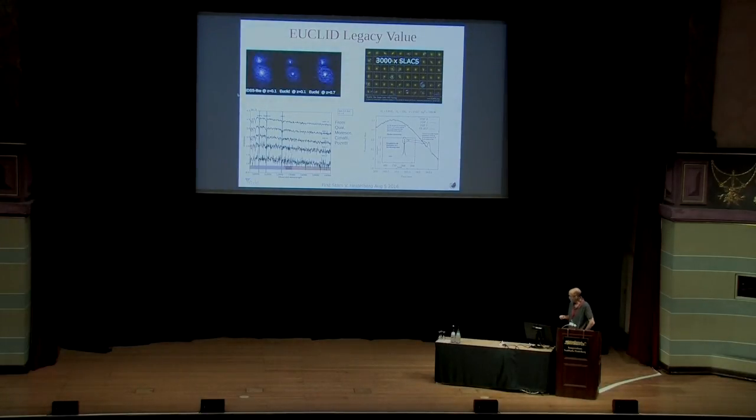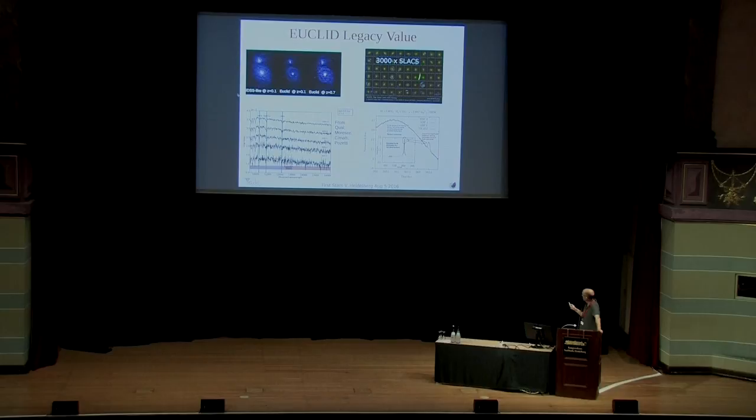So here are examples, and these are very limited examples of legacy science that Euclid will enable. This is an image of a galaxy SDSS-like at redshift 0.1. So basically, Euclid will get the same spatial resolution out to redshift 0.7.